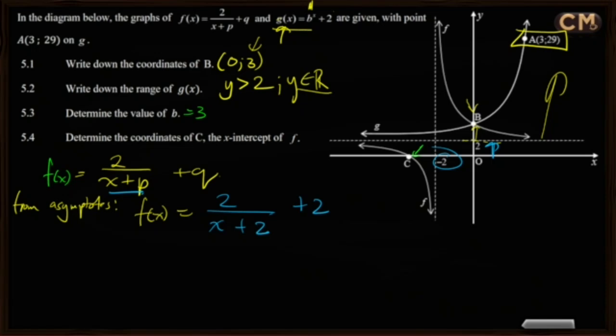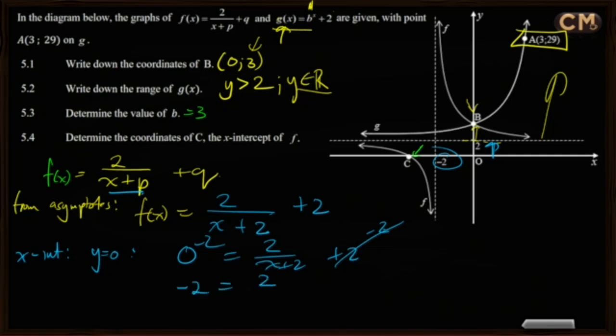Now, in order to calculate the x-intercept for any function whatsoever, y is equal to 0, therefore we have 0 is equal to 2 over x plus 2, plus 2. Subtract 2 from both sides. Therefore we're going to have minus 2 is equal to 2 over x plus 2.